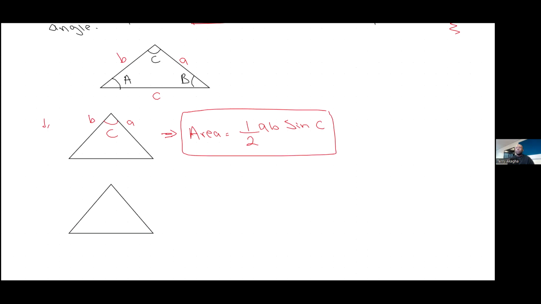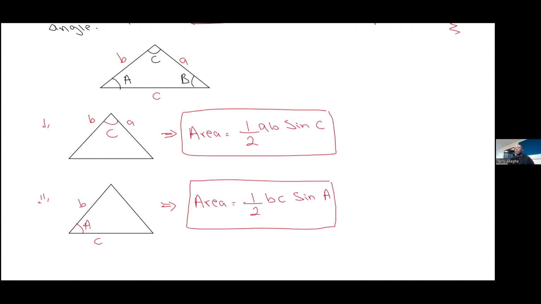But in this case, for the second triangle, we have the angle here, A, and the two sides, B and C. So you must have the two sides and the included angle. So in this case the area will be equal to 1 over 2 BC sine A. So 1/2 BC sine A.